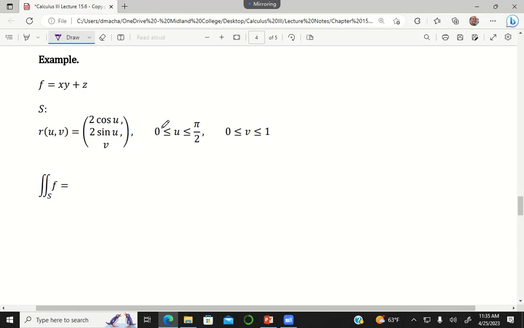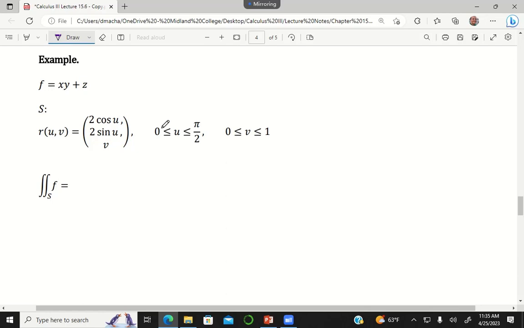Because if you really think about this, 2 cosine u, 2 sine u, v, what that's telling you is we're talking about a surface that is a cylinder, and the radius of the cylinder is 2, and the height of the cylinder is 1, right? The only place where the v appears is in my z coordinate. So I'm saying let the z coordinate go from 0 to 1.